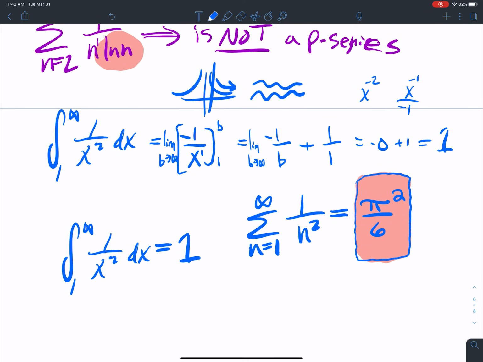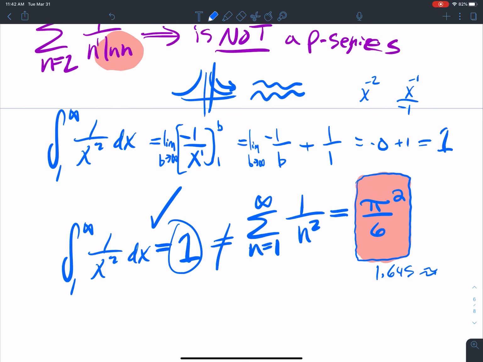And so you can see clearly this is like 1.645-ish, okay? That is clearly not equal to the area 1 here. So just because the improper integral converges to a number, that doesn't mean that the series converges to the same number. In fact, it's very unlikely for that to occur, okay?